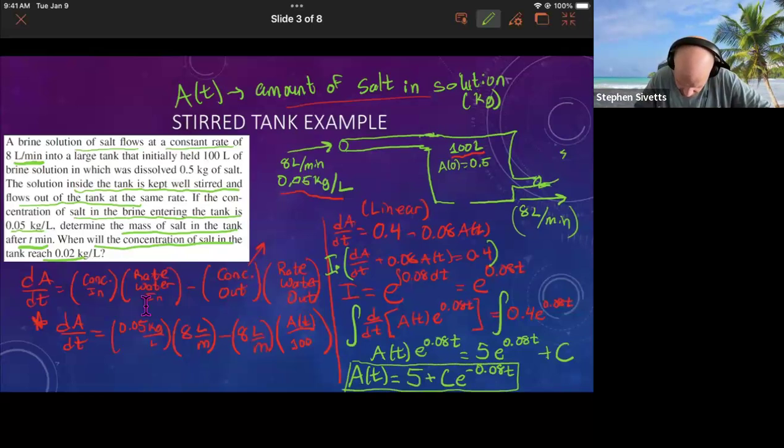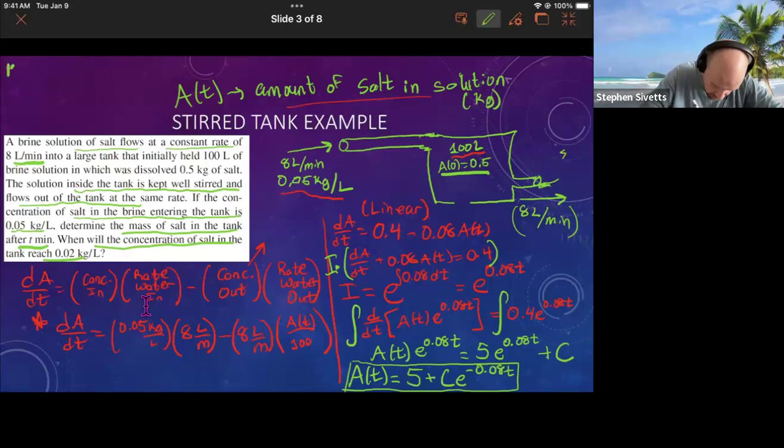All right. So now, we know the initial amount of salt is 0.5, right? And so I'm going to write this over on the upper left-hand corner. So we know that A of 0 is 0.5.